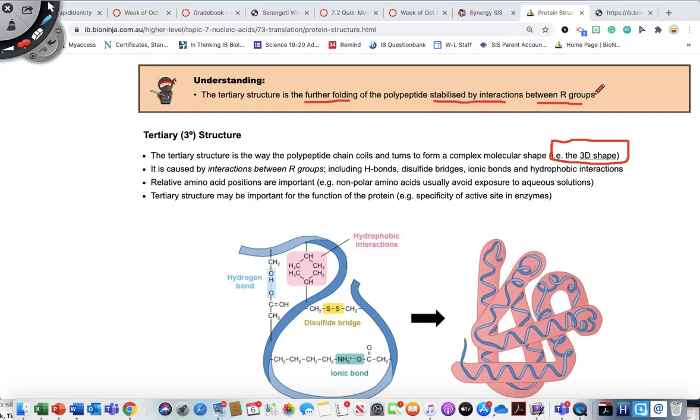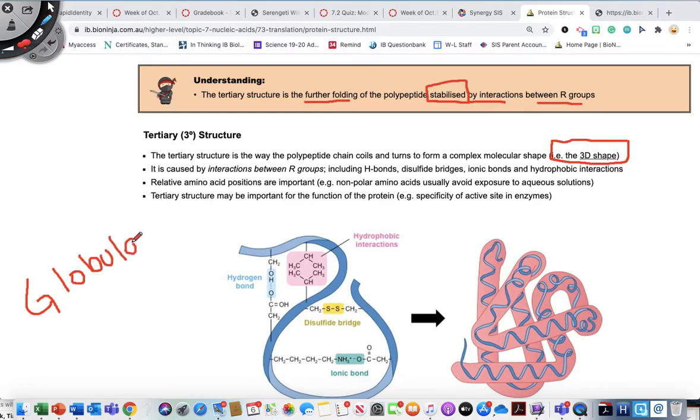So this means that instead of just having the amine groups and the carboxyl groups, there are other groups there that interact. And when they interact, they stabilize the three-dimensional shape of this tertiary structure. Okay? Now, this is the reason why these tertiary structures are called globular proteins.